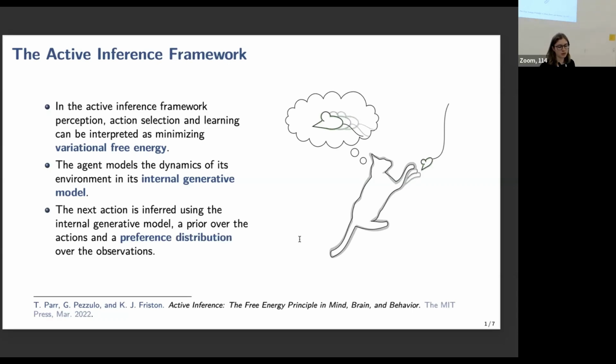There is a lot of different literature about the active inference framework. Here I put as a reference the book from Parr, Pezzulo, and Friston, Active Inference: The Free Energy Principle in Mind, Brain, and Behavior. So this was the first rough introduction.